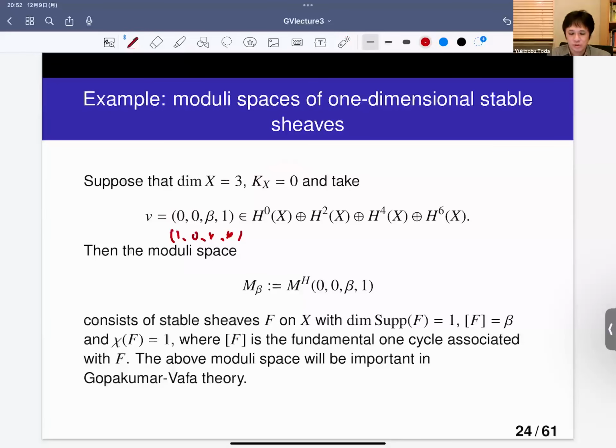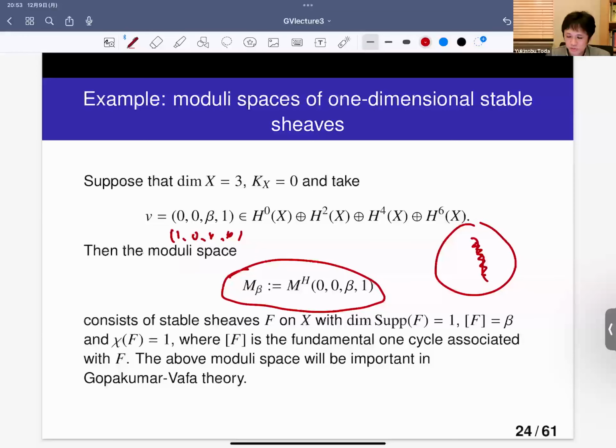This corresponds to some torsion sheaves on X. So in the moduli space obtained in this way, each point corresponds to a sheaf on X whose support is one-dimensional, and the fundamental homology class equals beta, and chi(F) equals 1. I will go back to this moduli space later, but one difference is that in the previous slide, I only considered the structure sheaf of some closed subscheme.